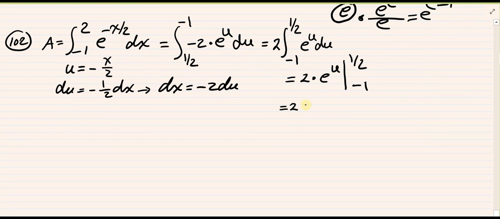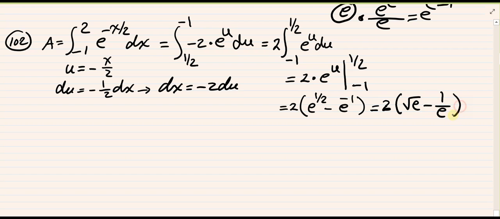And this would be 2 times e to 1/2 minus e to negative 1. And that would be the area. Now e to 1/2 is the square root of e, if you want to write it like that. So that's going to be root e, and e to negative 1, you can write it as 1 over e. So that's going to be the area in square units.